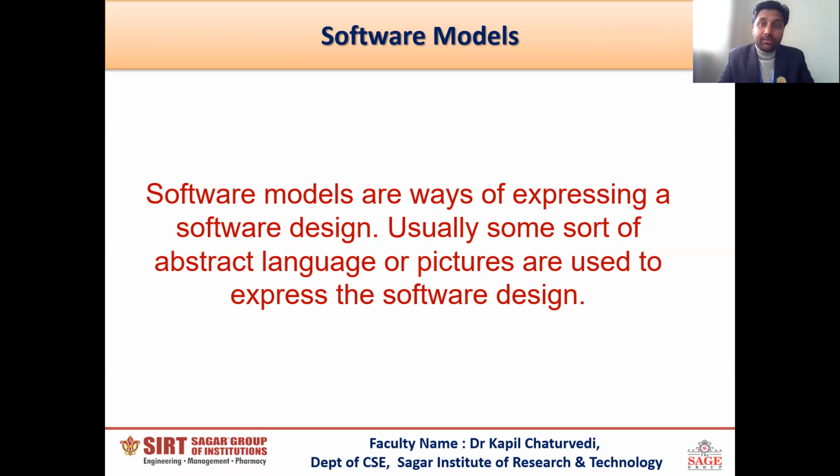We have to adopt some model to develop software. Software models are ways of expressing a software design, usually using some sort of abstract language or pictures. So this definition simply says that we will follow a predefined model, pictorial representations, or diagrams to develop our software.